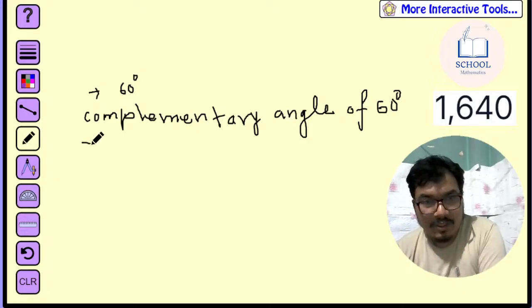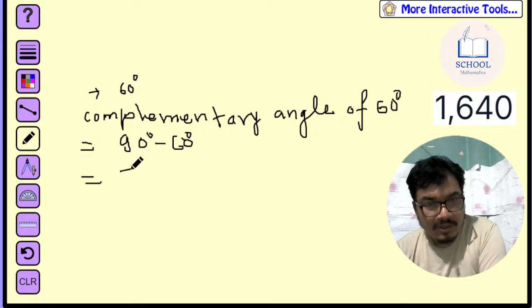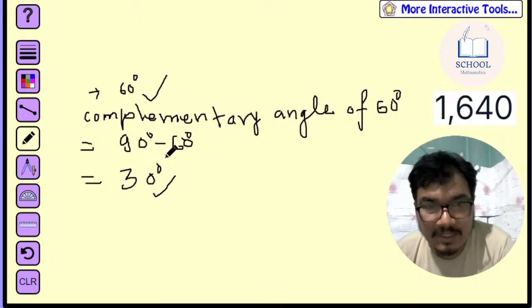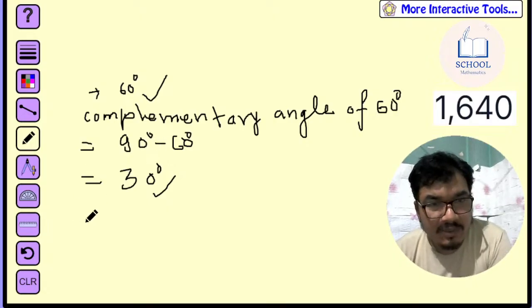Then we have to write 90 degrees minus 60 degrees. Whatever value you get, that will be 30 degrees, right? This 30 degrees is the complement of 60 degrees, because when you add 60 degrees and 30 degrees, we get 90 degrees.